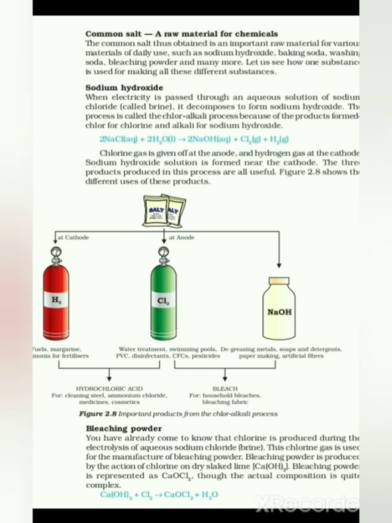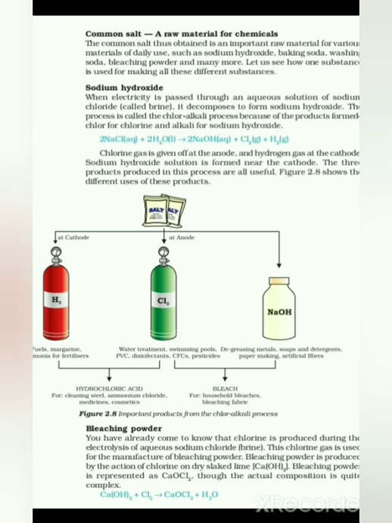Bleaching powder is produced by the action of chlorine on dry slaked lime. You know slaked lime is calcium hydroxide. Common name of calcium hydroxide is slaked lime. So when this chlorine gas reacts with dry slaked lime, it will form bleaching powder.